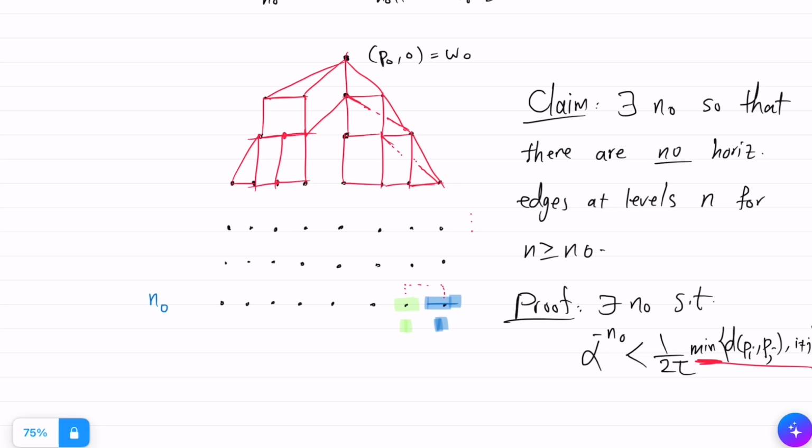So after some point, there will be no horizontal edges, and we have seen that the vertical edges are always there, so it will be all vertical edges from that point on forever. Okay, and then again, same.